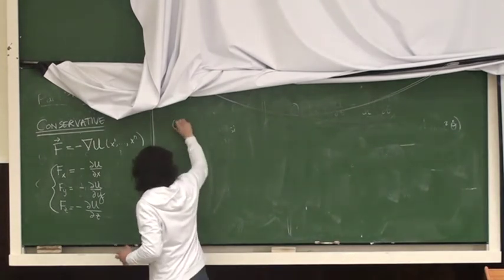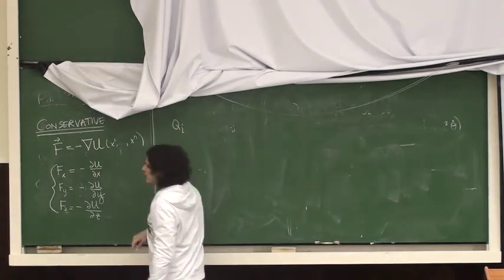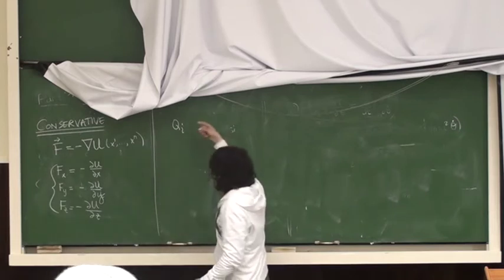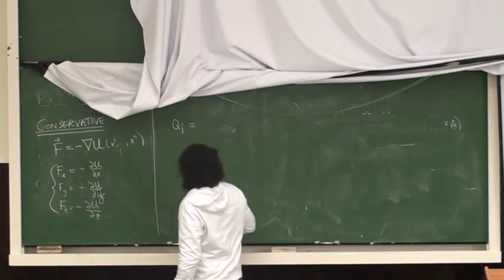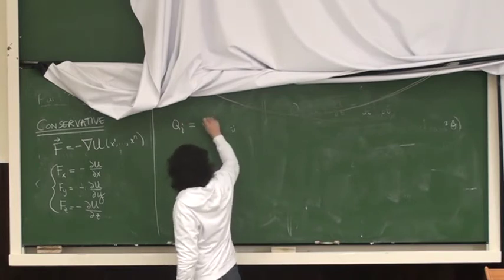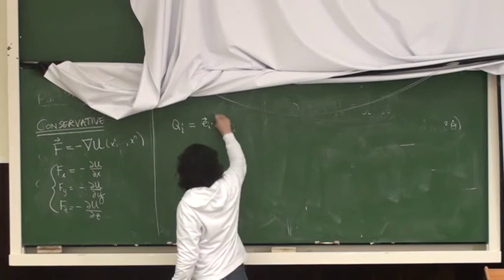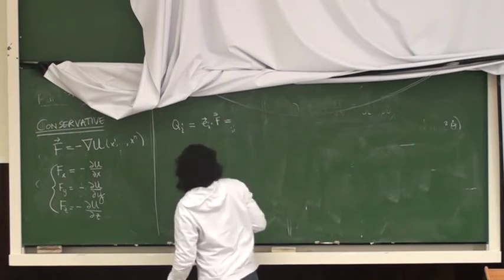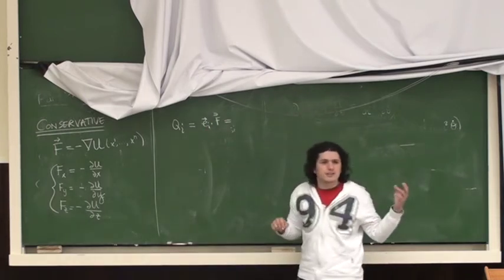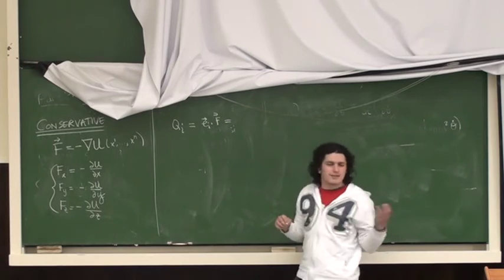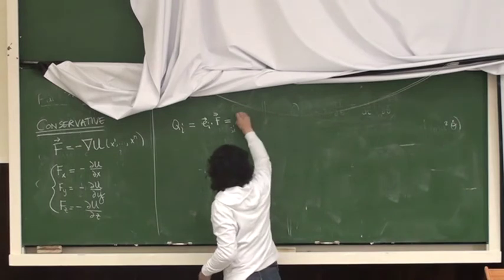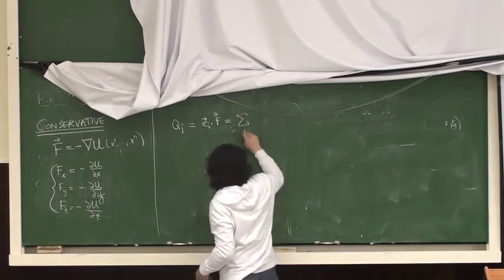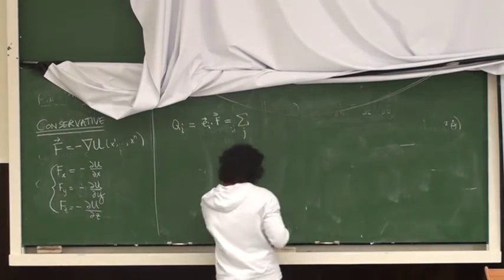So remember that the i-th generalized component of force can be written as e_i dot F. And just now we saw that e_i is just ∂r/∂q_i, the partial of position with respect to q_i. So this can be written as a sum, but I'm not going to write it in that funny form.